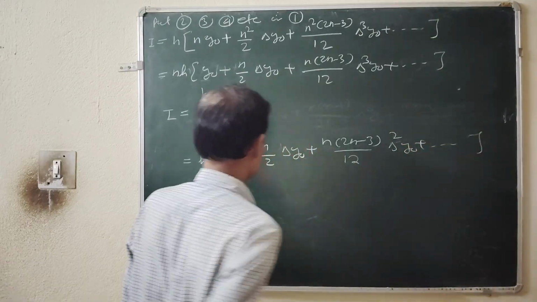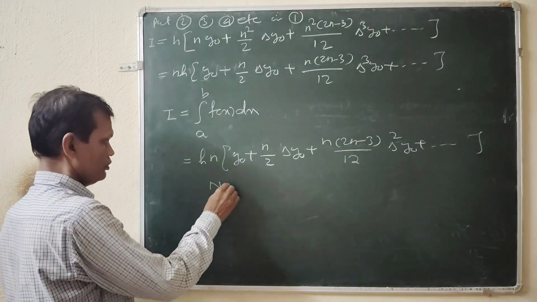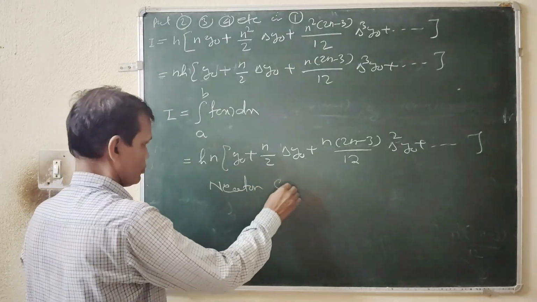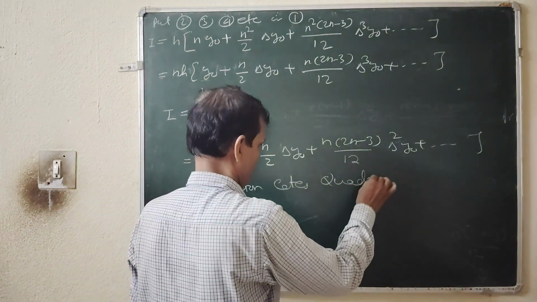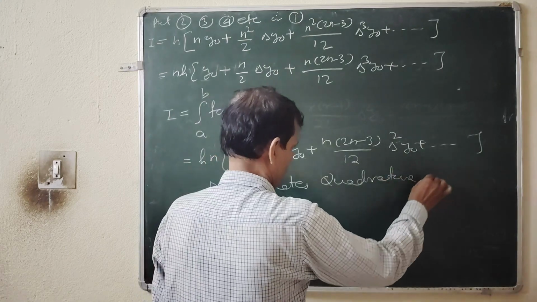It will go up to the last. This is called Newton-Cotes Quadrature Formula.